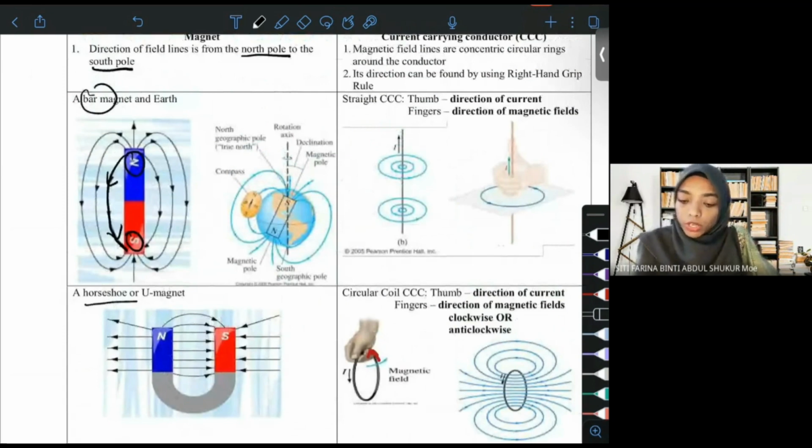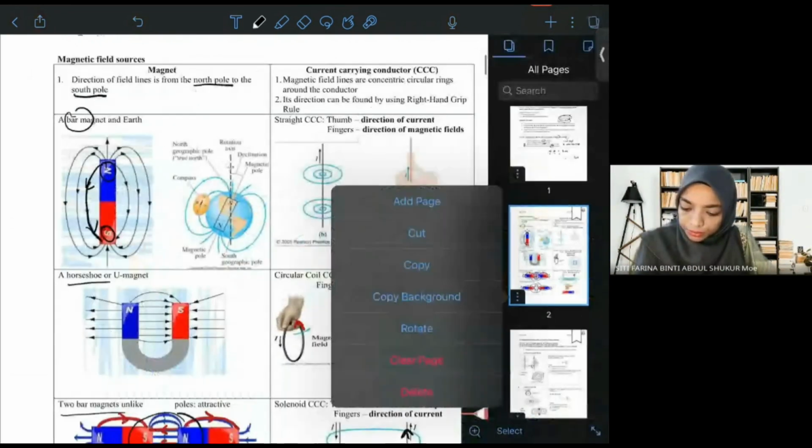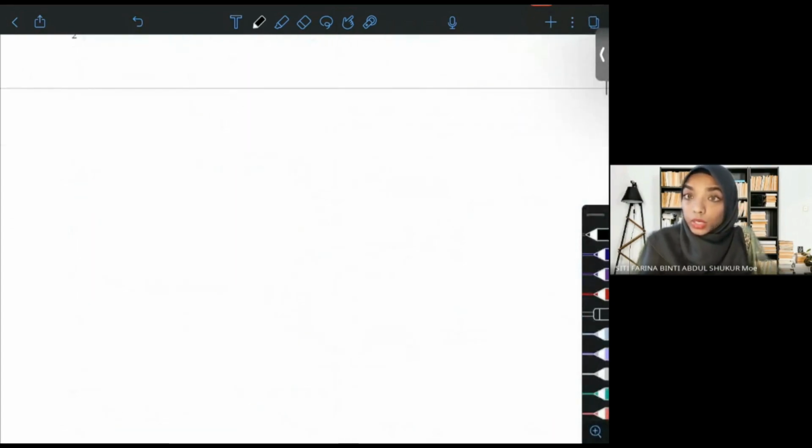Alright. So now we are going to focus at something very new here, is current carrying conductor. Okay, untuk current carrying conductor, what is current carrying conductor? Okay, kita ada tiga jenis current carrying conductor dalam syllabus kita.